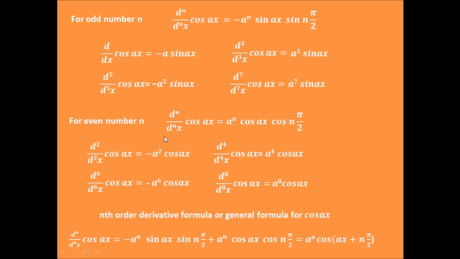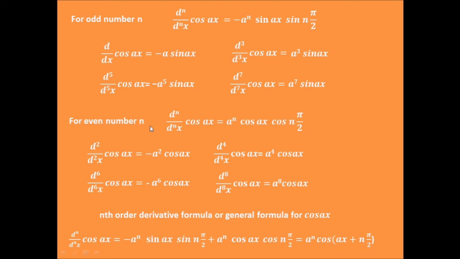Similarly, we can use our previously determined 4 derivatives to verify this assumption. For example, for n equals 2, in this assumption we have a to the power of 2 times cosine ax times cosine 2 pi divided by 2, which is minus 1.